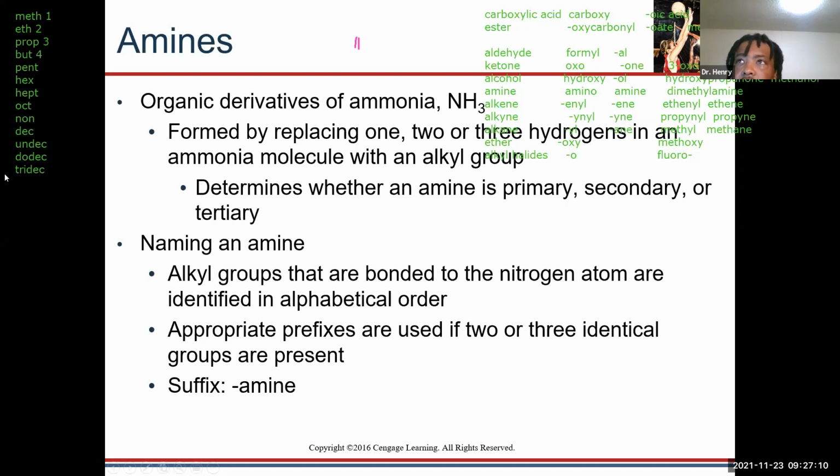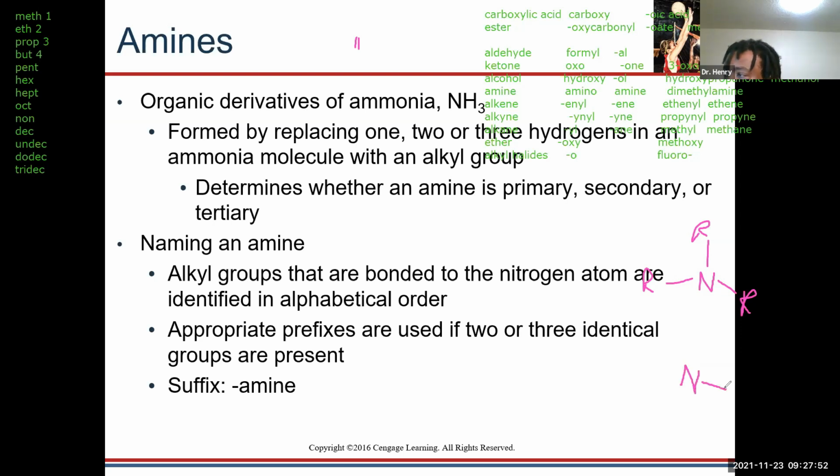Okay, the last one is amines. Amines are going to be derivatives of ammonia, hence amine. And the way that we name them is, this is called a tertiary amine because instead of hydrogens, it has 3 hydrocarbons.